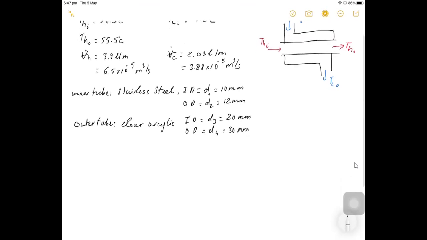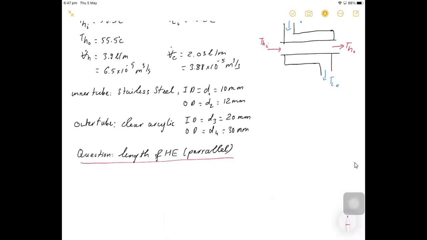The question here is to find the length of the heat exchanger. And this is a parallel heat exchanger.